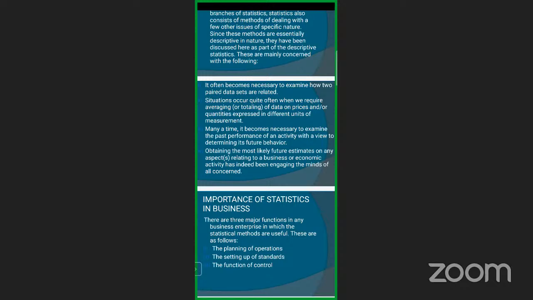First, they take the information from the market as to how many units they need to produce. If they want to produce 1 lakh units of computers, then for that 1 lakh units, how much raw material do they need to buy? How many people are required to manufacture it?